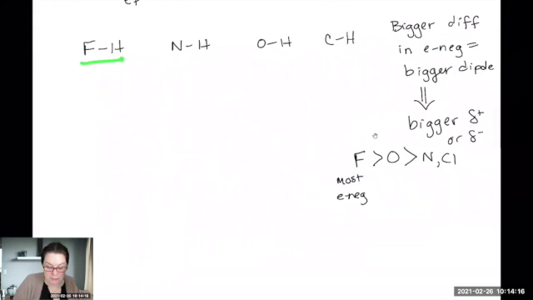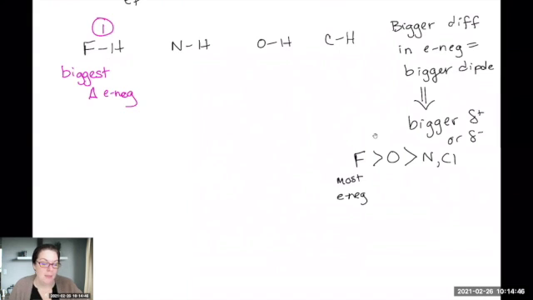So that means the difference between its electronegativity and hydrogen is going to be the largest, right? Okay, so this is going to be the biggest difference in electronegativity. If that's the biggest difference in electronegativity, then that means it's going to have the largest dipole. So we're going to give that a number 1.